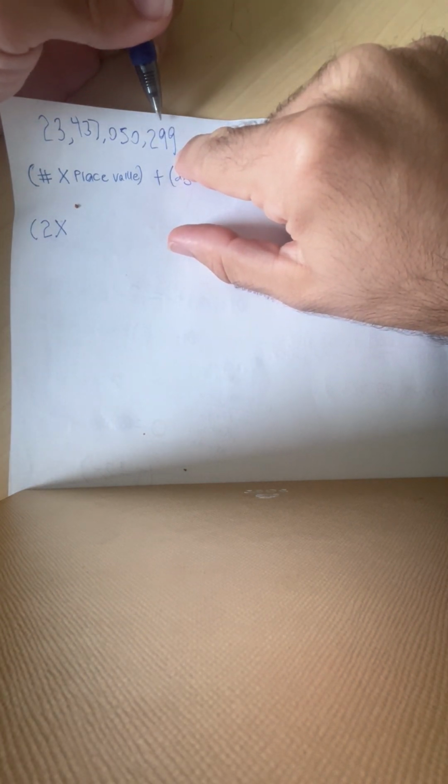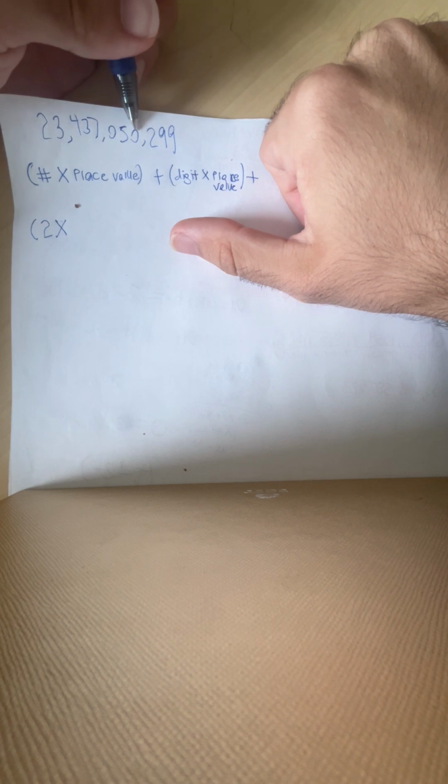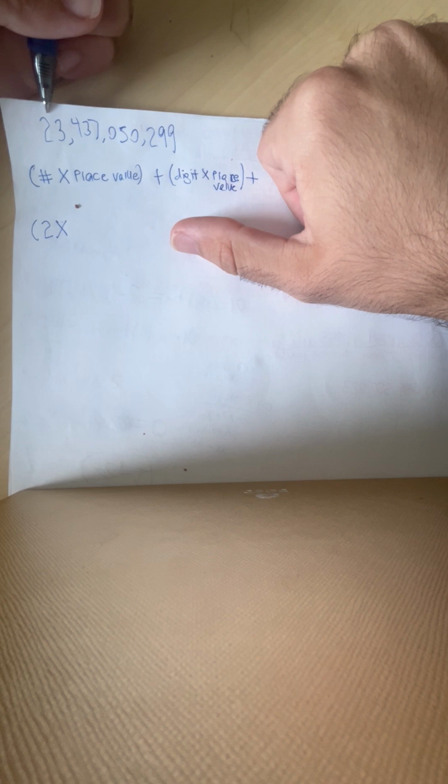Ones, tens, hundreds, thousands, 10,000s, 100,000s, millions, 10 millions, 100 millions, billions, 10 billions. The place value of this 2 appears to be 10 billions.